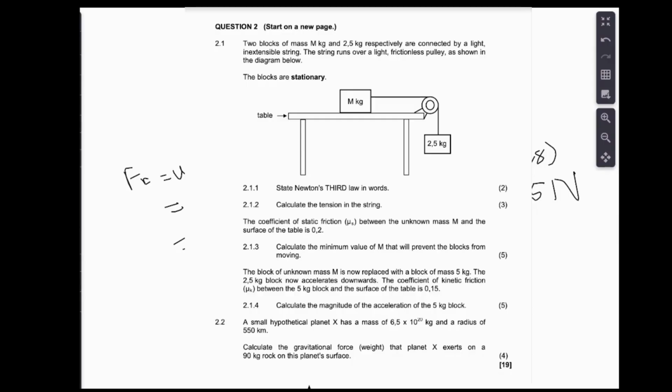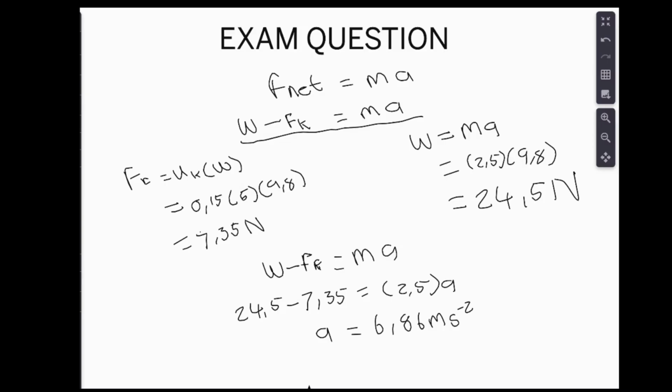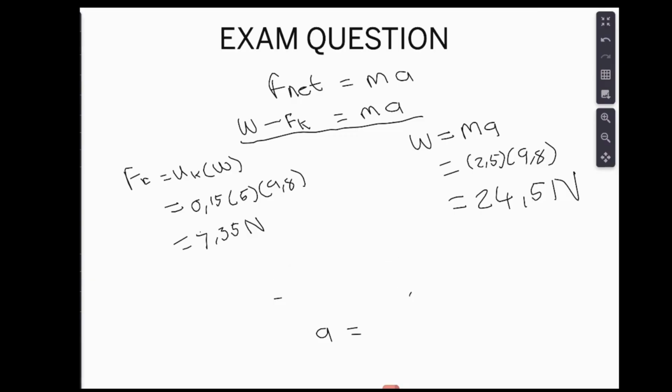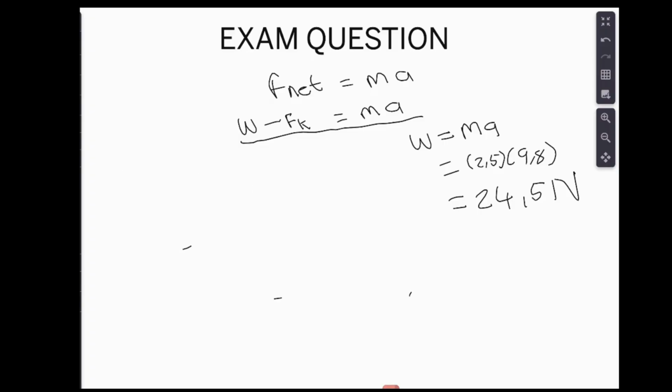Calculate the gravitational force that planet X exerts on a 90 kg rock. Okay, so this was part of our first lesson, remember? What they want here is the force that the two objects are exerting on each other.